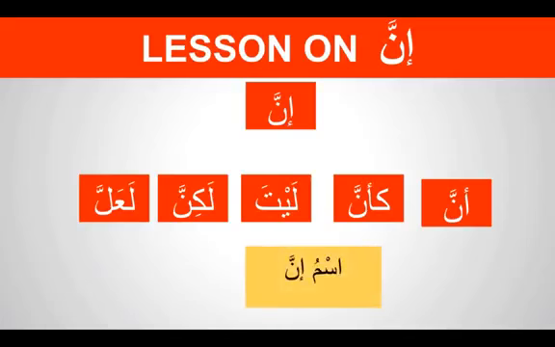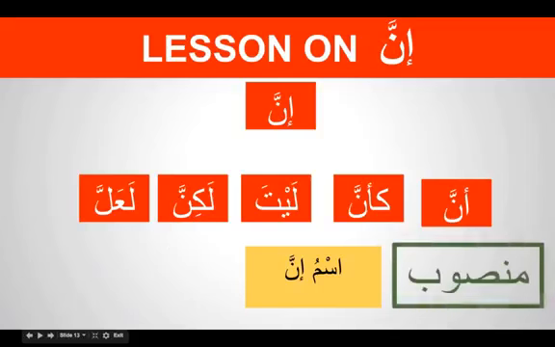What we are looking for is that these harfs as well will have ismu inna, or ismu anna, ismu ka anna, ismu layta, ismu lakinna, ismu la'alla, and that will be mansub. And they will have khabar inna, khabar anna, khabar ka anna, khabar layta, khabar lakinna, khabar la'alla.